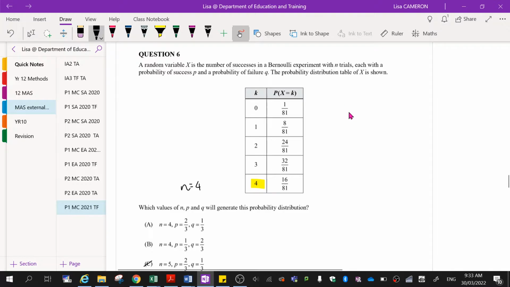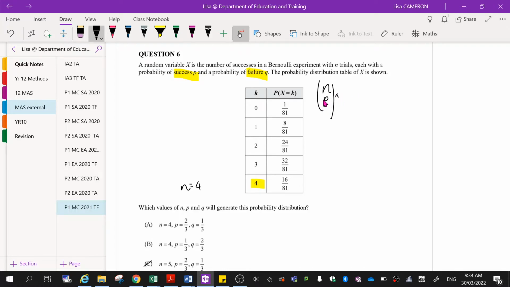So next thing that we can look at, probability of P and Q. So this is successes and this is the failures. Distribution is shown below. Now we're going to test these values. So we already know that n is equal to 4. So if I start by writing out my formula for binomial distribution, because you're given this table of values, which means that it's now part of binomial, even though it's from a Bernoulli experiment.